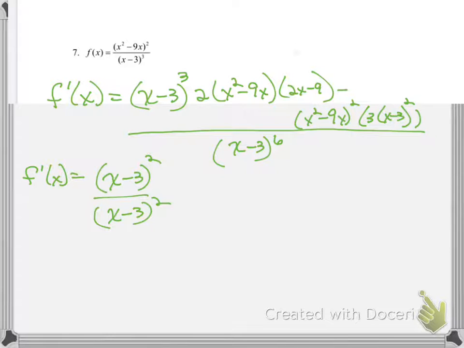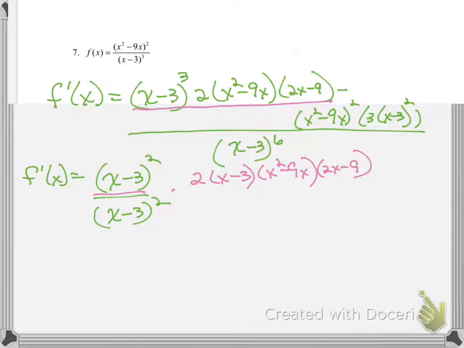Okay, so now we want this piece right here back, and we have this. So what I'm going to say is pull out the 2. I need another x minus 3. I need an x squared minus 9x, and I need a 2x minus 9. Okay, so then let's move on to the other piece. I now need this back, and I have this.